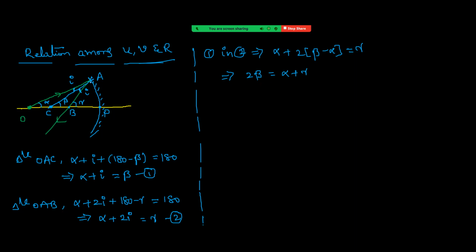We can see here, if I am drawing one normal from point A to the principal axis, if we consider these angles alpha, beta, gamma are small, when they are small, this point will be very close to point P, means very close to pole.